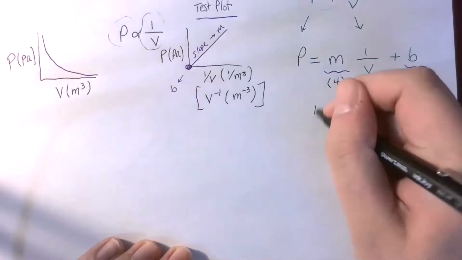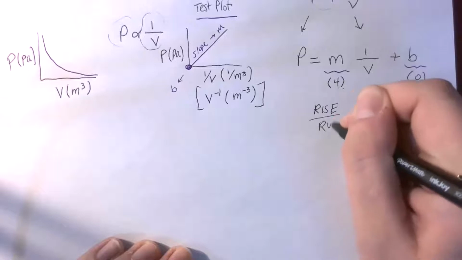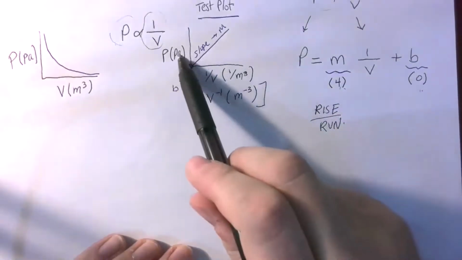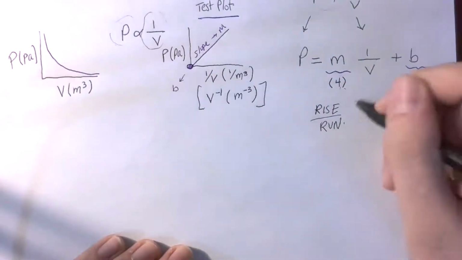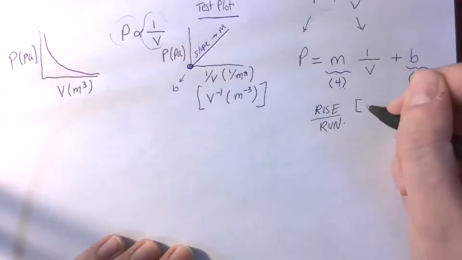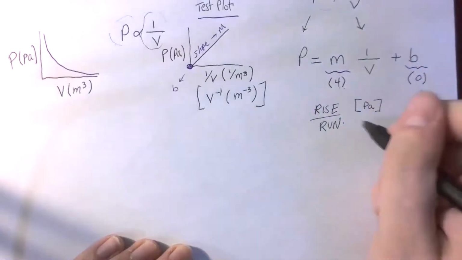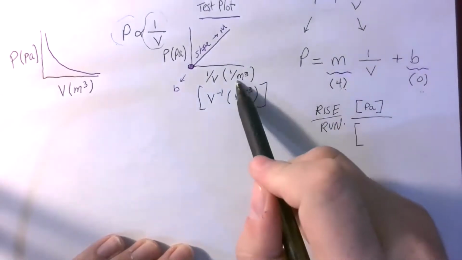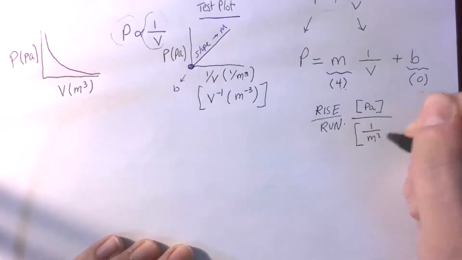And we think of slope as rise over run, and therefore we are going to take the units that are on our rise and divide it by the units that are on our run. So the units on our rise are Pa, and the units on our run, if we select the first option, is 1 over cubic meters.